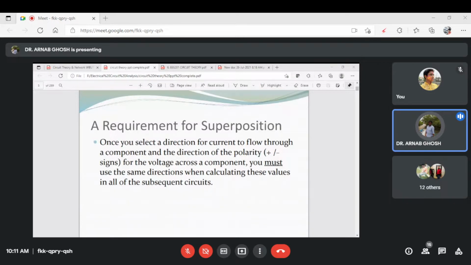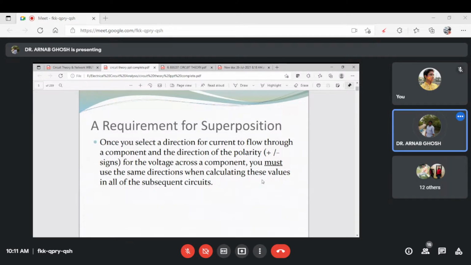So if you are taking the voltage source plus and minus for one independent source, the flow of current will be the same for all the other sources, even if you turn off the other sources. Okay, so this is a consideration of the superposition theorem.